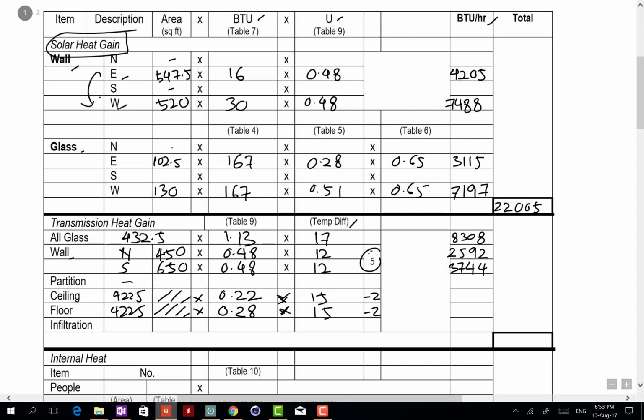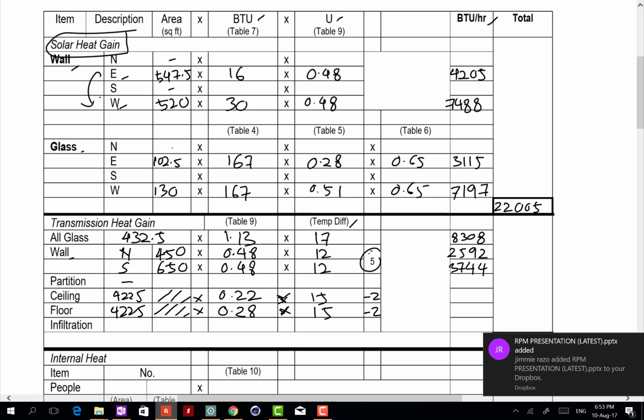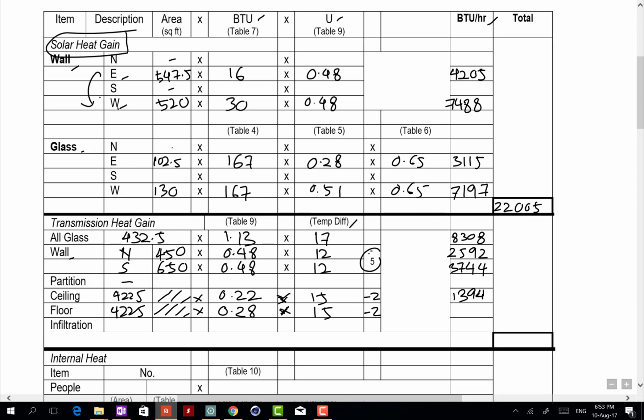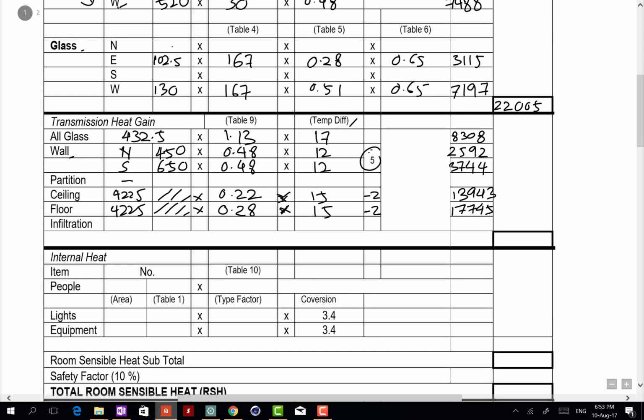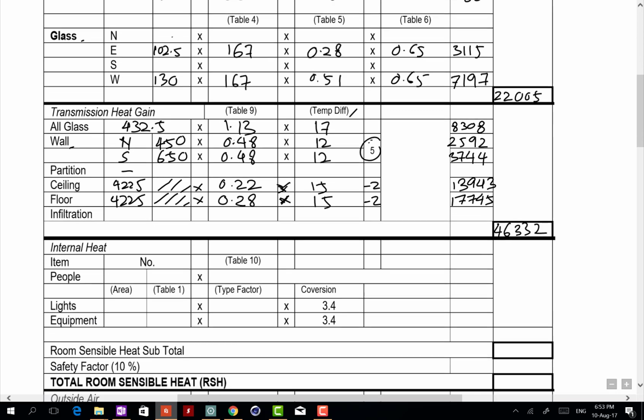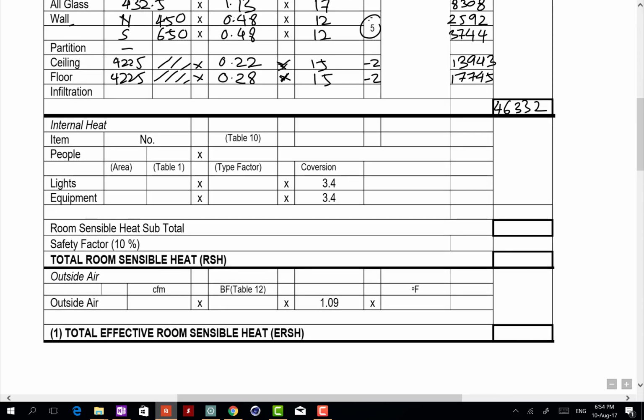So now we calculate again. Okay, becomes 13943. Another one is 17745. Okay, so it produces a total of 46332 BTU per hour. Right, so that is your transmission heat gain.